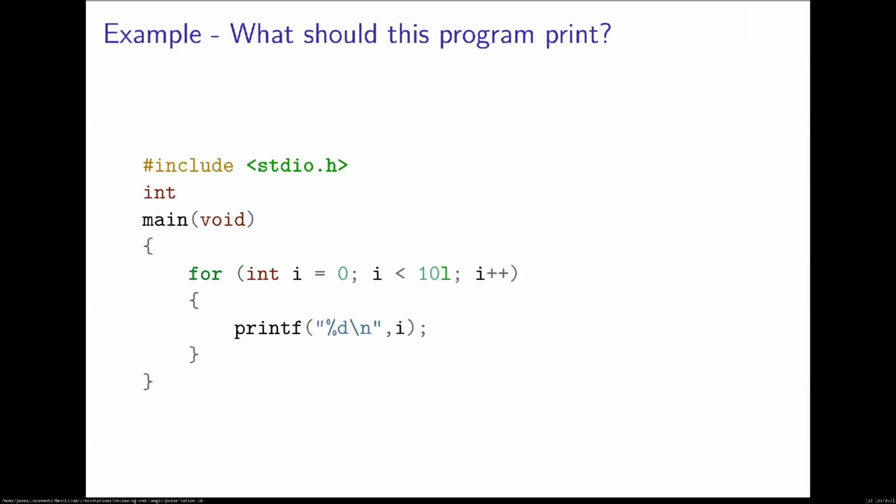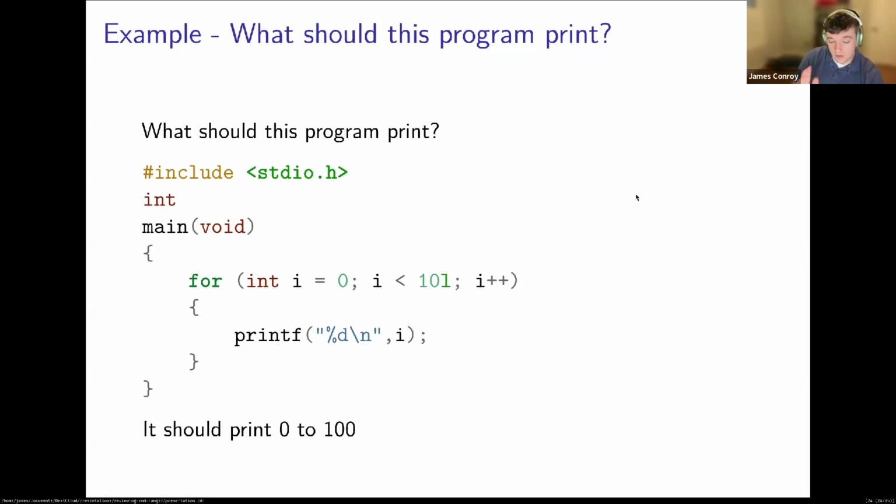What is the number 10L? Oh, it is valid. But yes, we got two options there. I don't quite think it'll be 102 lines. It should print out 0 to 100, but as who was that? Was that Tony? No, Casey pointed that out.